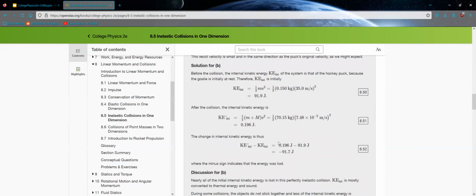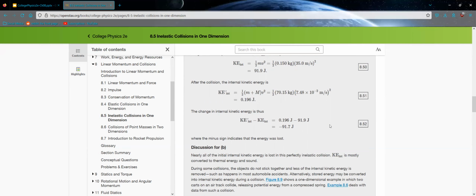And then after the collision, we have an internal kinetic energy, again, of the mass of the two times V squared on the new velocity. It's real small, of 0.196 joules. So a little bit of kinetic energy since this large hockey player is moving a tiny amount. So internal kinetic energy essentially of 91.7 joules in the direction of the hockey player going backwards.